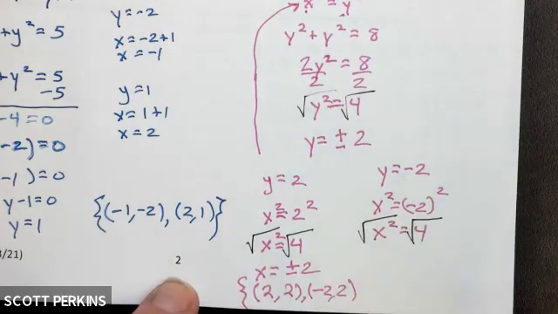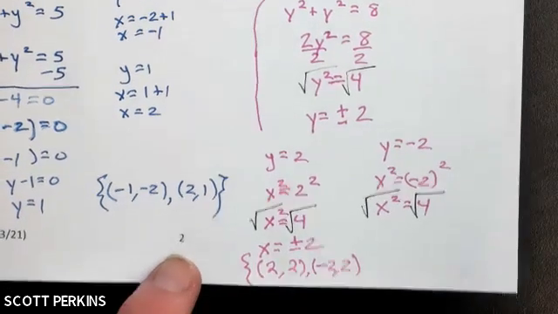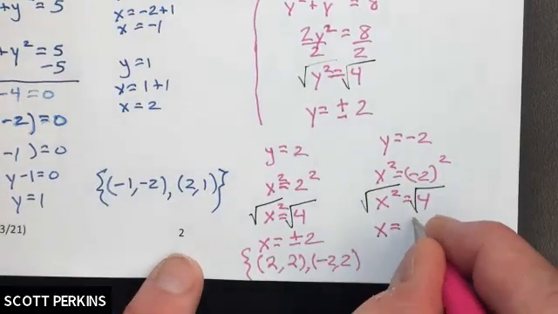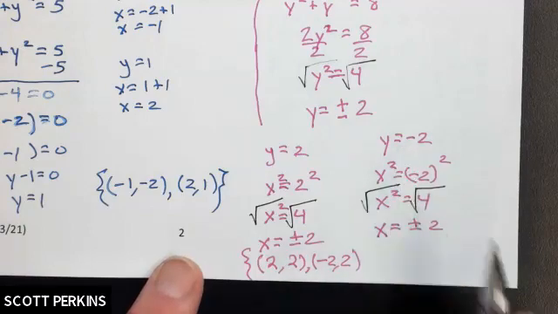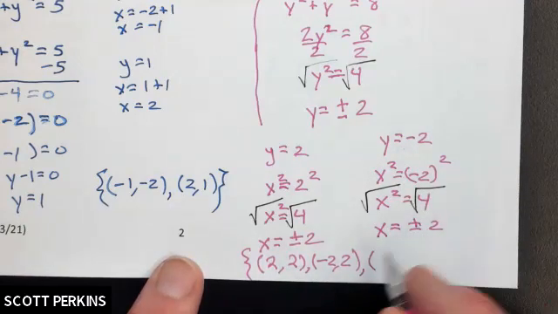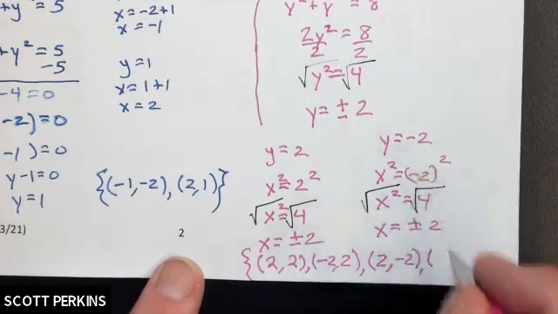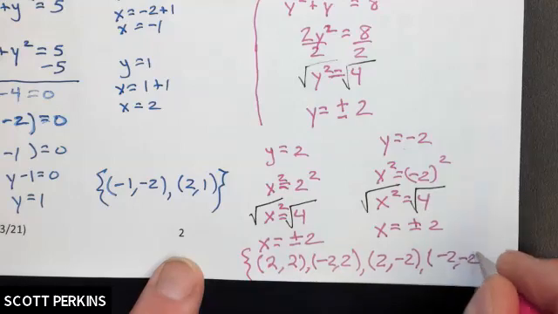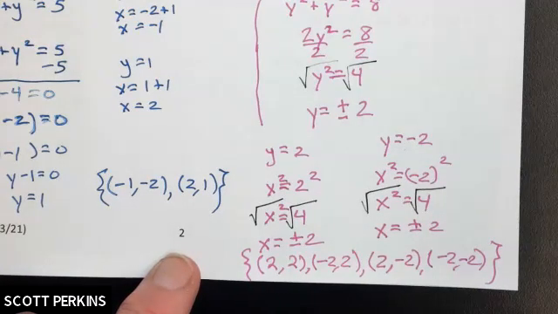You can see how much fun that becomes. And once again, when I take the square root of both sides, I get a positive and a negative answer. So I get x is once again equal to ±2. So that means there's 2 x values associated with this y value as well. So here's my next point. I've got positive 2 for x and negative 2 for y, and then negative 2 for x and negative 2 for y. And that's how I get my 4 points that solve that. Again, hard problem.